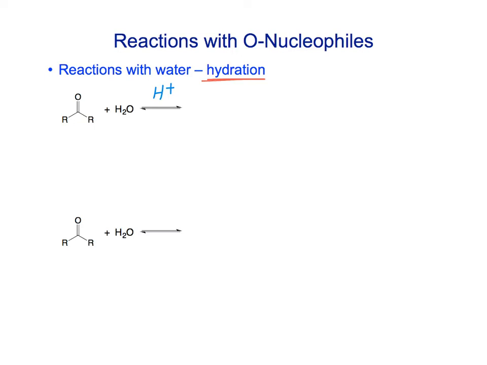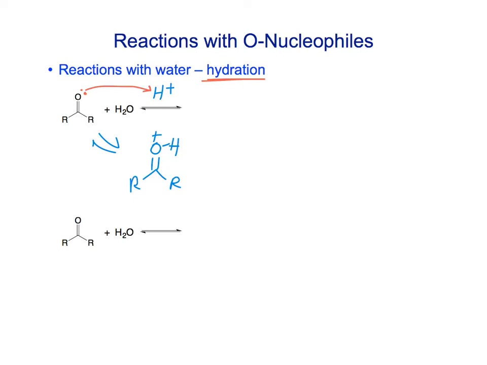On the oxygen, right? Because it has non-bonding electrons. I'm going to protonate up here, and we form the conjugate acid of our ketone or our aldehyde.